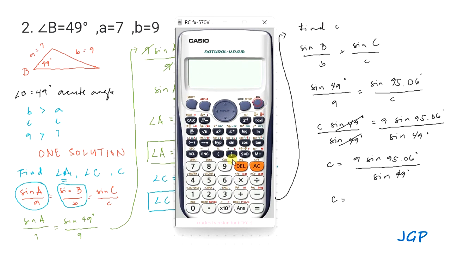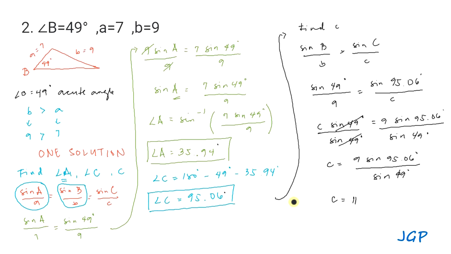So, you have 9 sine 95.06 equals, and then divide sine 49 degrees, and that is equal to 11.88. Again, your instruction should be 2 decimal places. So, 11.88 po yan. Ayan, complete na yung parts ng ating triangle. And that is the final answer.